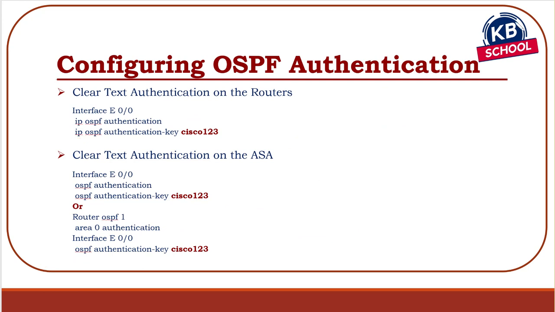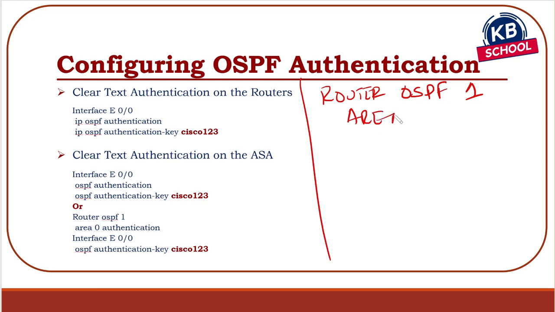So if I had to do the same thing on the router, I would do router OSPF 1, area 0 authentication. That sets up clear text for all my interfaces, and then under the interface, all I had to do was just one command.